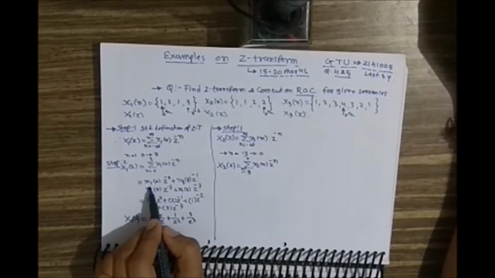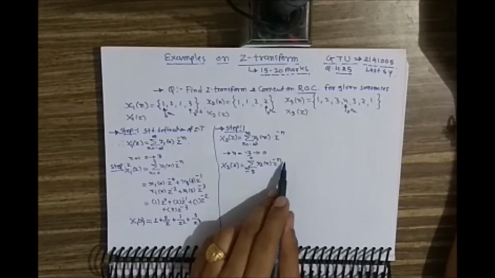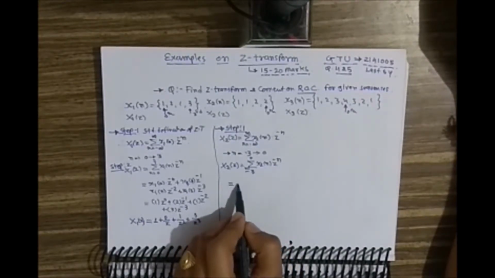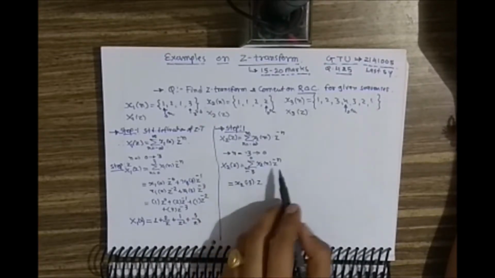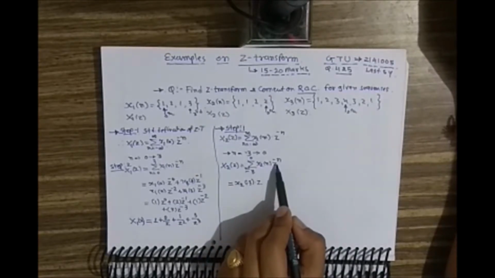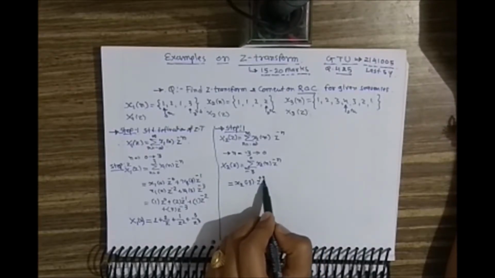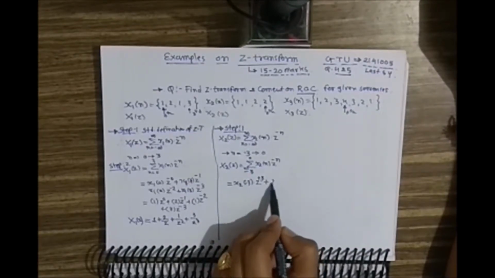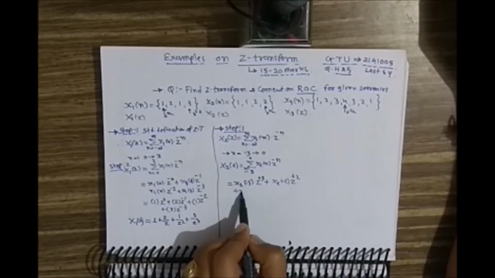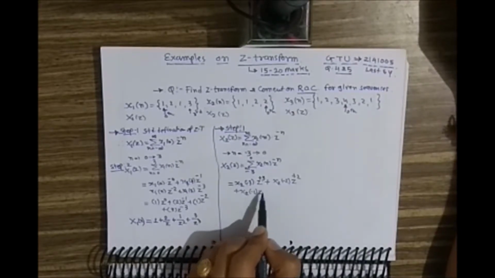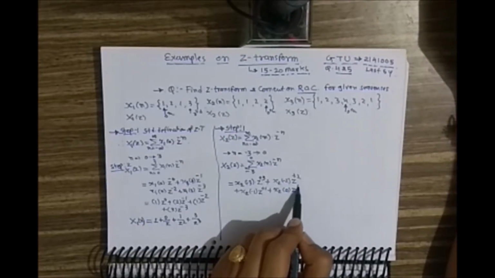Similarly as in x1 of z, the summation becomes x2 of minus 3 into z raised to minus n. Now the value of n is negative over here, so it becomes plus 3, plus x2 of minus 2 z raised to plus 2, plus x2 of minus 1 z raised to plus 1, and the last sample is x2 of 0 z raised to 0.